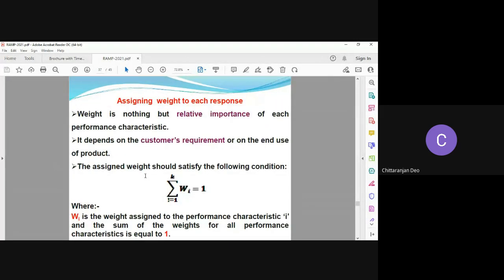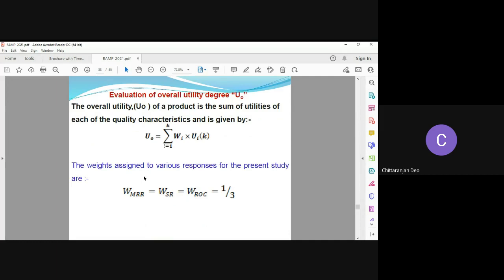Now we assign the weight to each response. Suppose here three responses are there, that is MRR, surface roughness, and radius of overcut. So here we assigned them equal values, like 1 by 3.